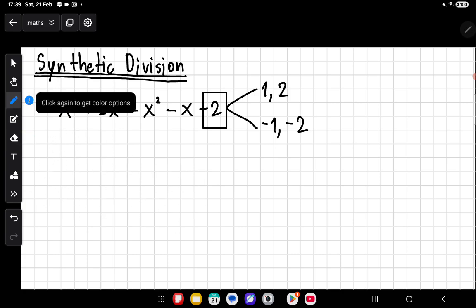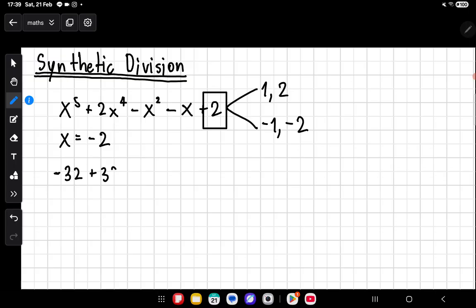Okay, so if that doesn't work, let's try x equals -2, which is going to be -32 plus 32 minus 4 plus 2 plus 2. So we can just do this and it's equal to 0.